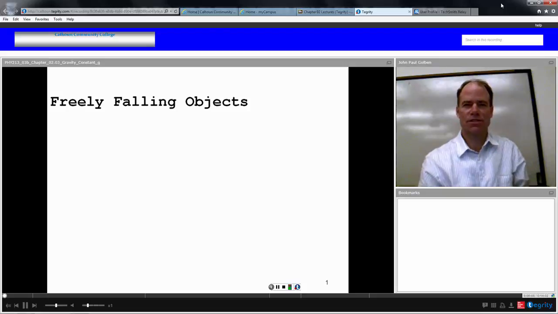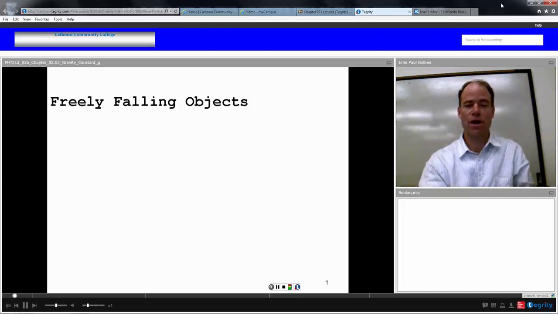Okay, here's an addition to our treatment of kinematics dealing with gravity. What do we do about gravity? There's a lot of problems where the problem is described and something's happening vertically, and it's assumed that you're under the acceleration of gravity.